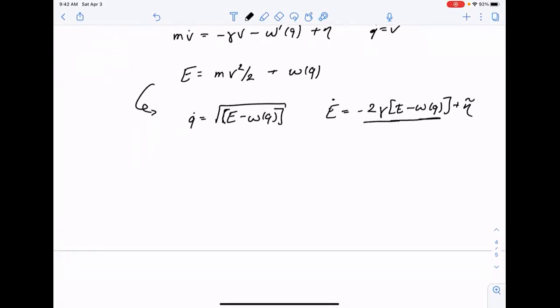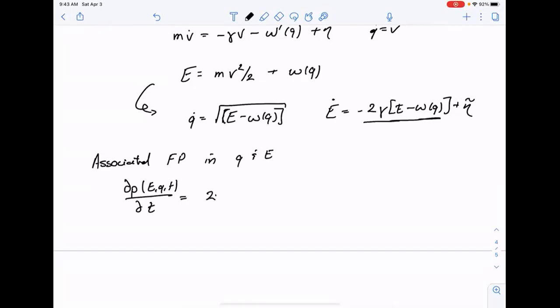So if I have these two equations of motion, the associated Fokker-Planck equation in Q and E has a drift in the energy, given by a partial derivative with respect to the energy, E less omega of Q. I have an energy dependent diffusion coefficient.